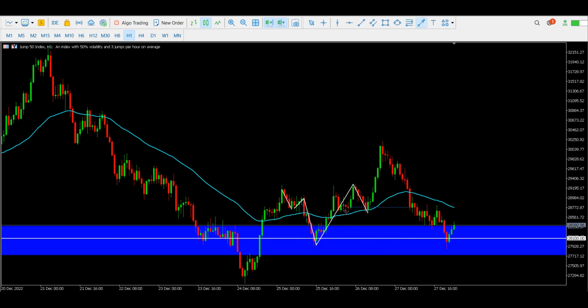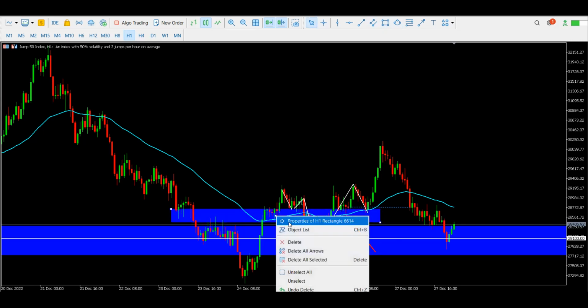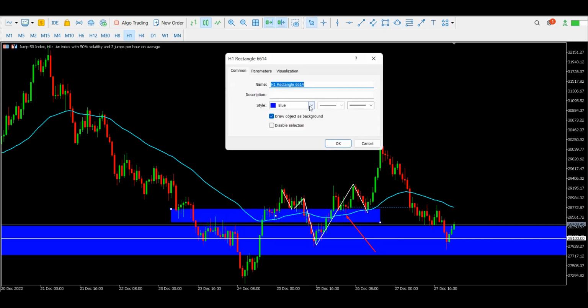And then if you can identify very well, we can see we tested this level the first time, and then we only saw price give a second retest of that level.